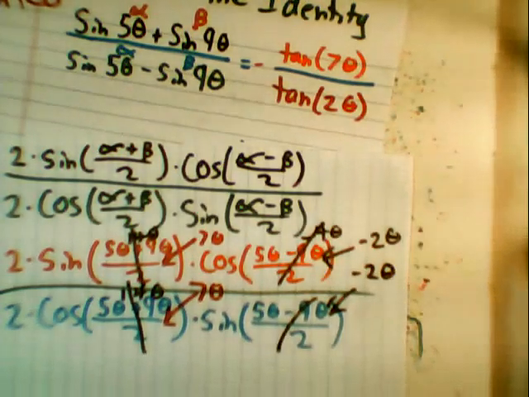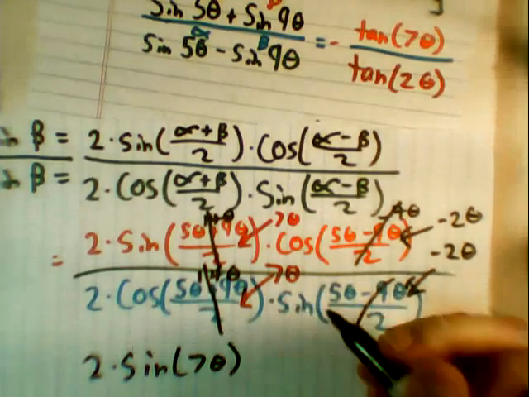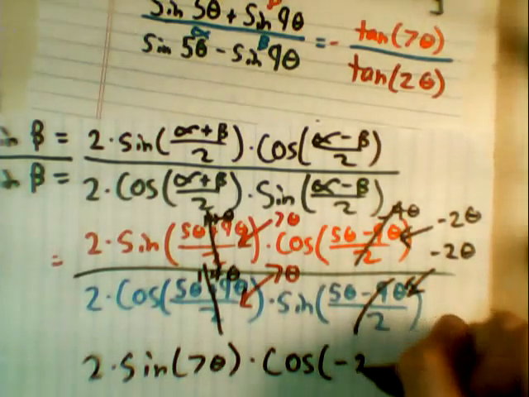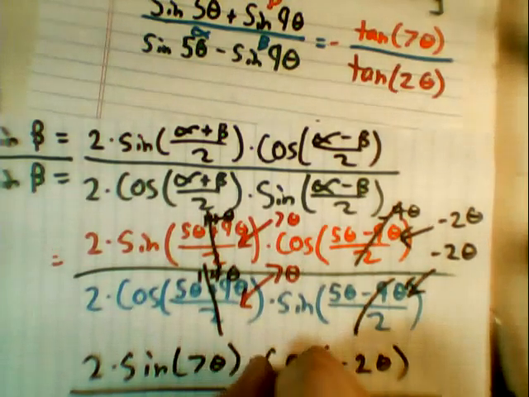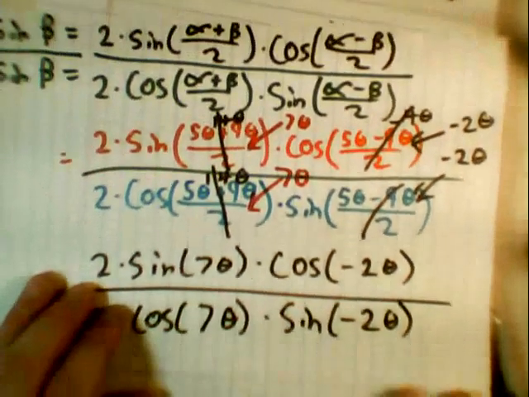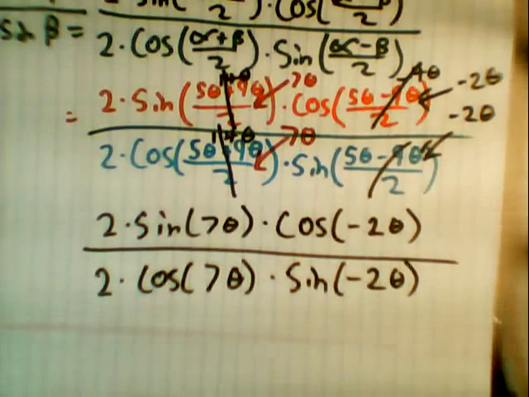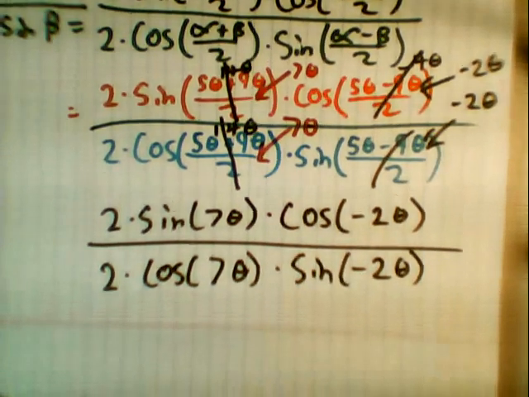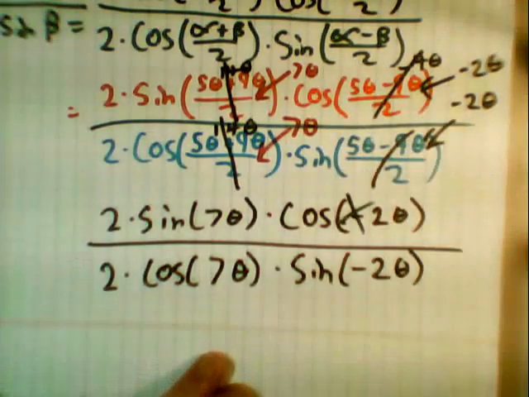So let me rewrite it and make it look more readable. We have 2 times sine of 7 theta times cos of negative 2 theta divided by 2 times cos of 7 theta times sine of negative 2 theta. Now let's take a little breather and look at these negatives. If you remember your rules for sine and cosine, when you have a negative inside of a cosine, it just goes away.